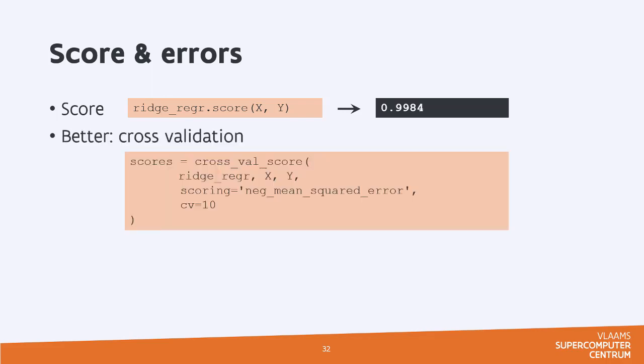Of course, better scoring is with cross-validation. So we take our dataset and we partition it into the CV parameter, 10 parts, and we train and score repeatedly, and we use a negative mean squared error in order to determine the score of our regression algorithm.